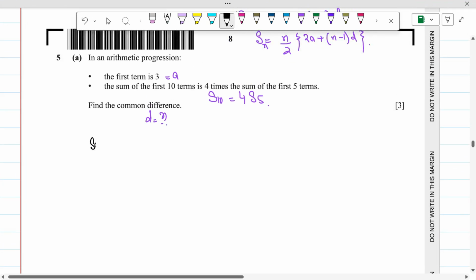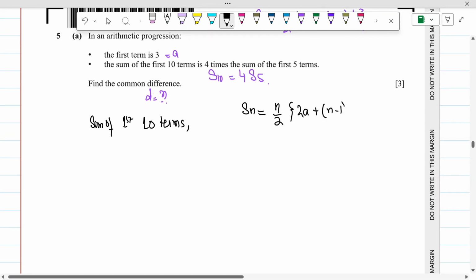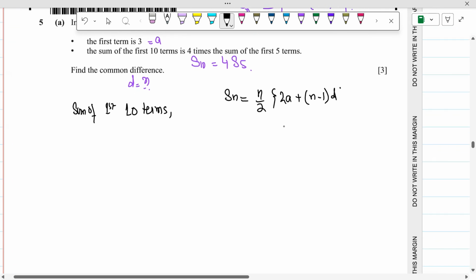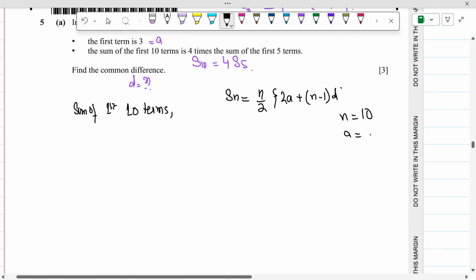Now, the sum of the first 10 terms. We know that the sum formula is Sn equals n over 2, in bracket, 2a plus (n minus 1) times d. In this case n is 10 and a is equal to 3, which was given.